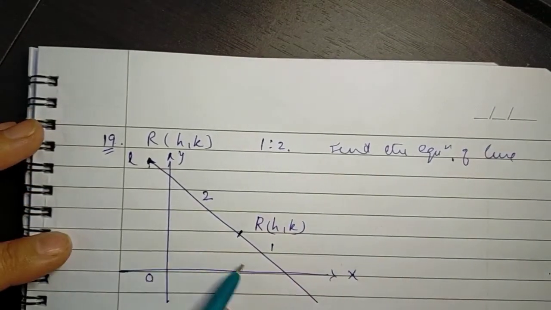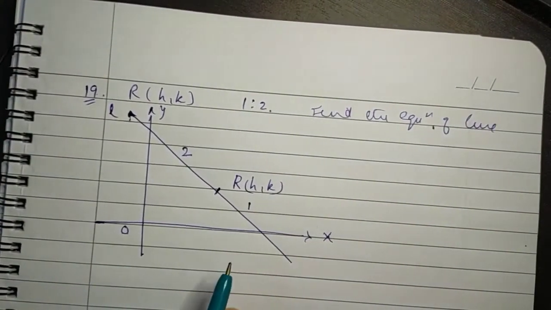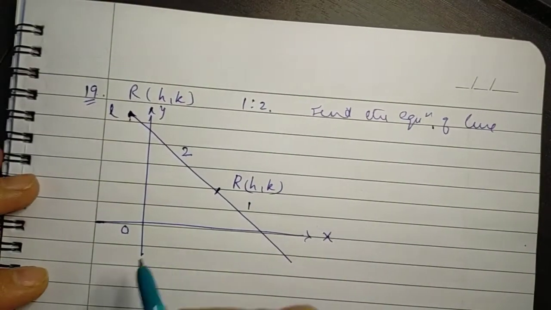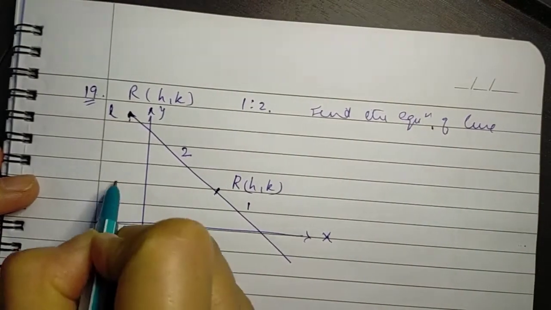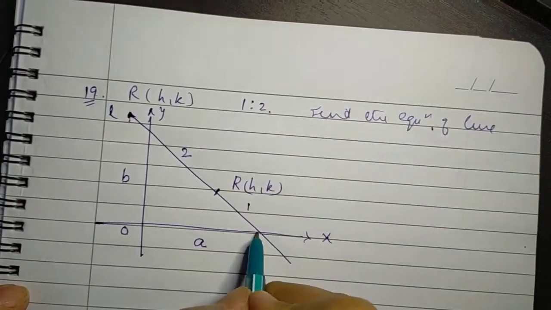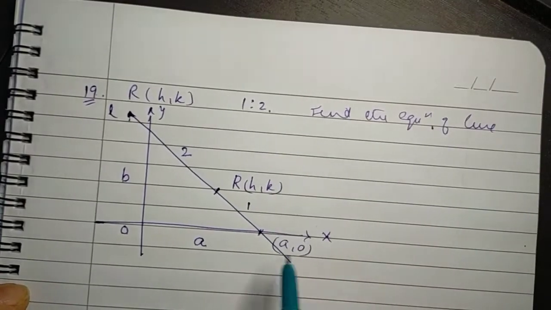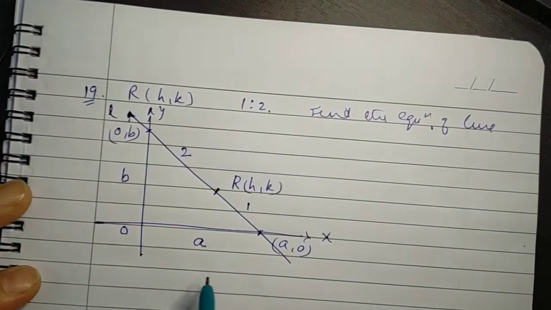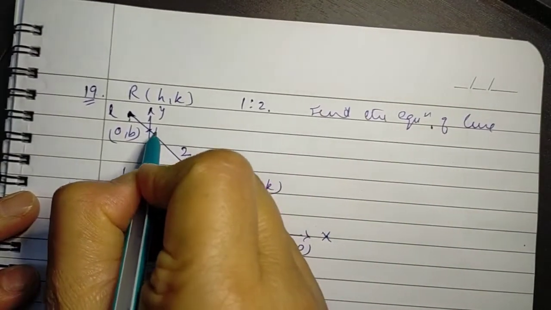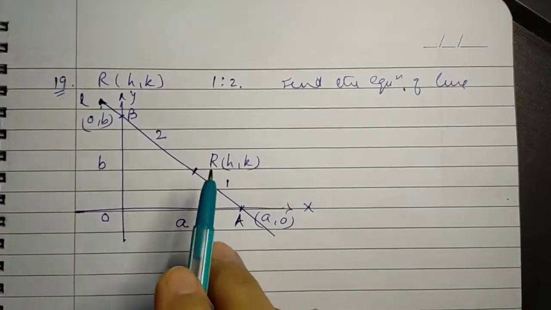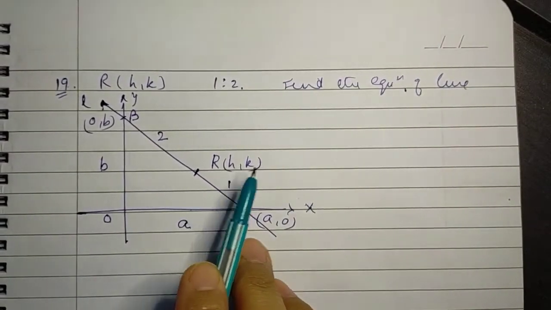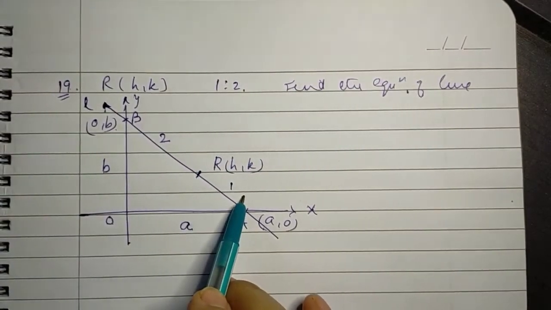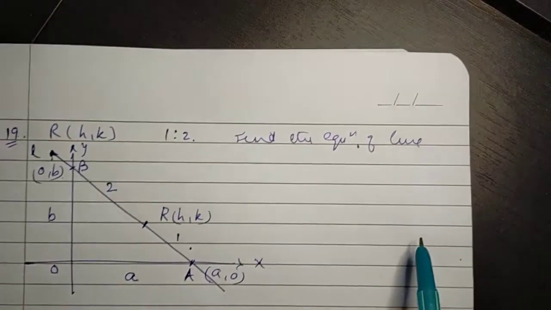So again, this is the concept which you have done in class 10, that is the section formula. We start with, let it make intercepts small a and small b, so that this point is a comma 0 and the coordinate of this point is 0 comma b. Let's call this point A and this point B. Using the section formula, we'll get the values of a and b in terms of h and k. So let's start with this.